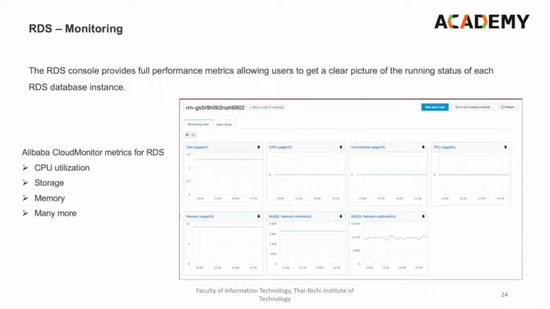The Alibaba Cloud Monitor metrics for RDS include the CPU utilization, how much percentage of the CPU is being utilized, and the storage, that is the storage space occupied, and the memory accessed during the transactions, and many other aspects are available like IOPS usage, connections usage, MySQL network outflow, inflow, and many other metrics are also available in this RDS cloud monitor.